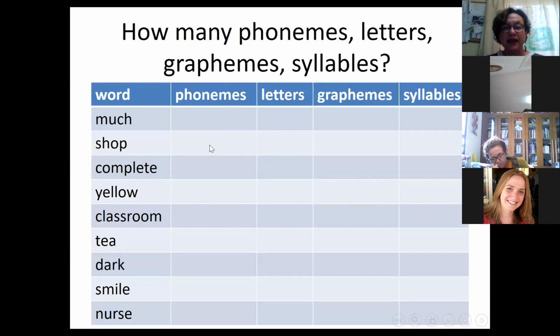Now, I've ended up here just with a little exercise, and we won't do it now, but I'm leaving it here anyway for us to talk about for a minute or two, and then I'm going to move on to the other dimensions and talk to you a little about them. So you can see I've given words. I've taken all these words, by the way, from band 1.